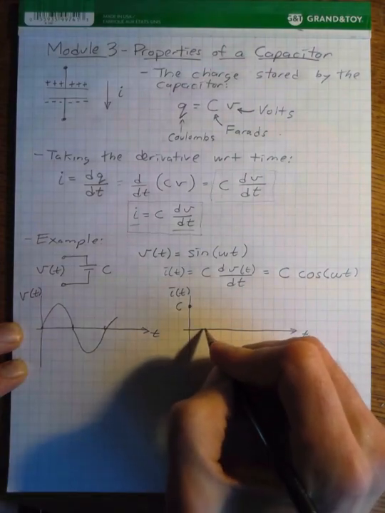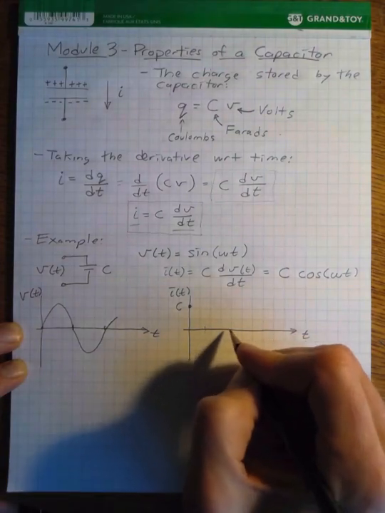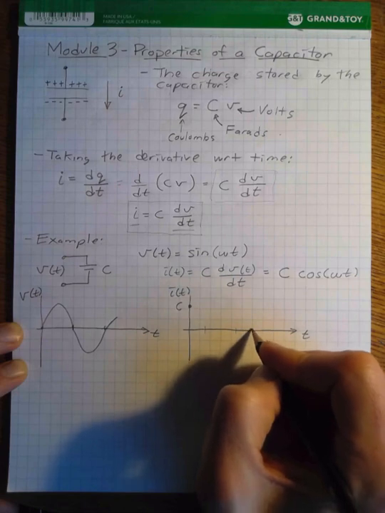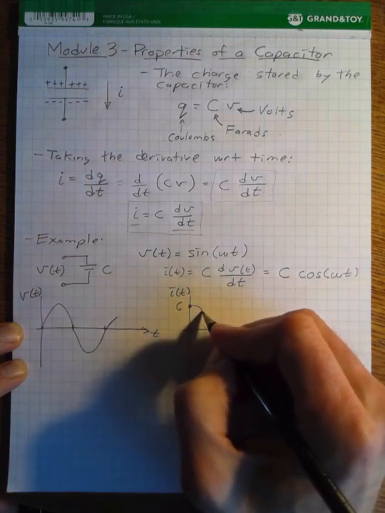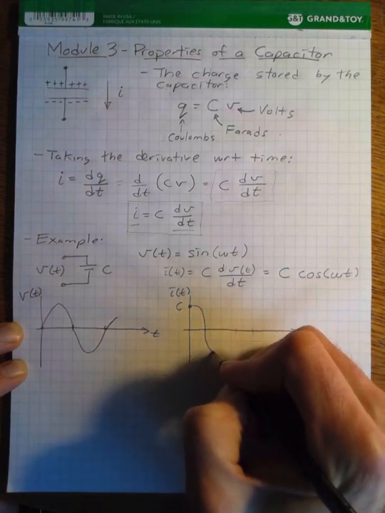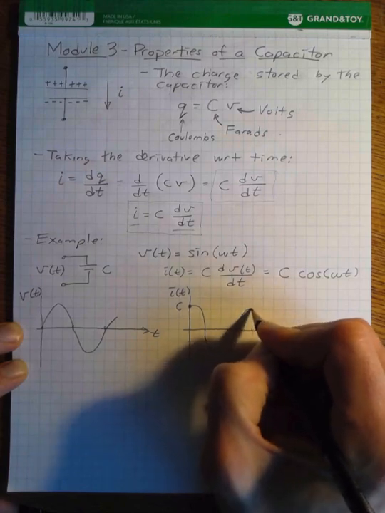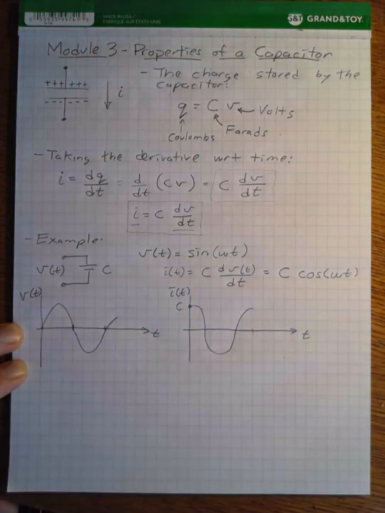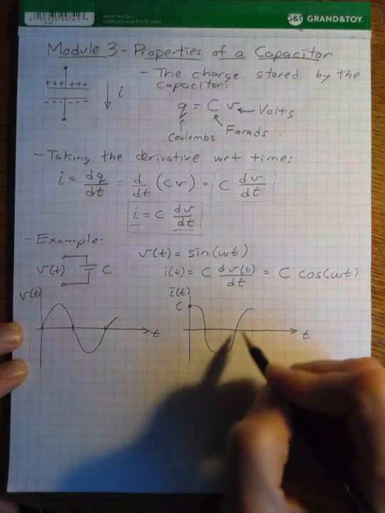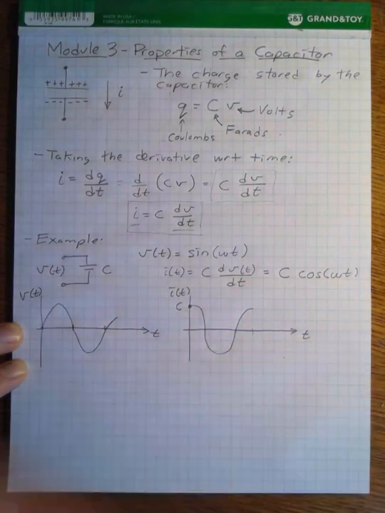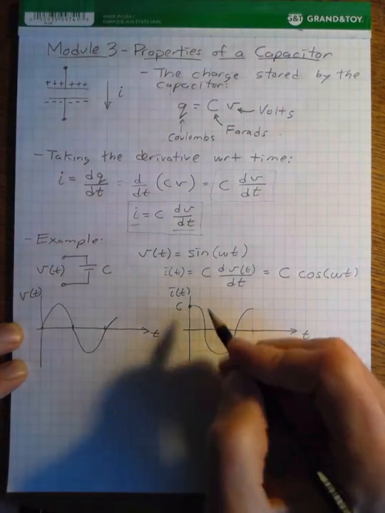If I can draw this reasonably well, that's not drawn reasonably well, but imagine this is actually a cosine, not this funny thing that I've drawn.